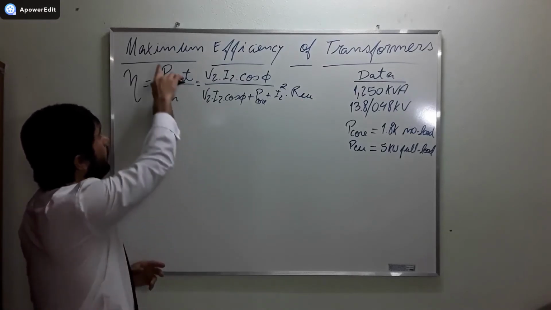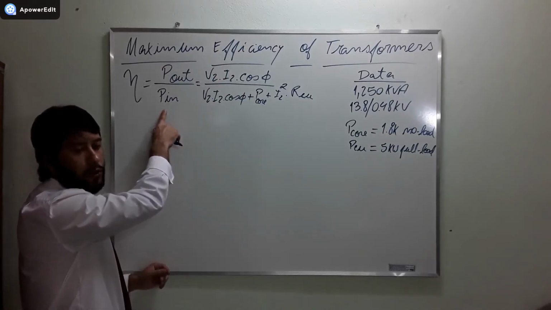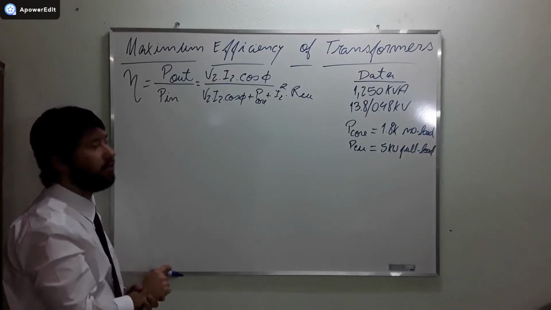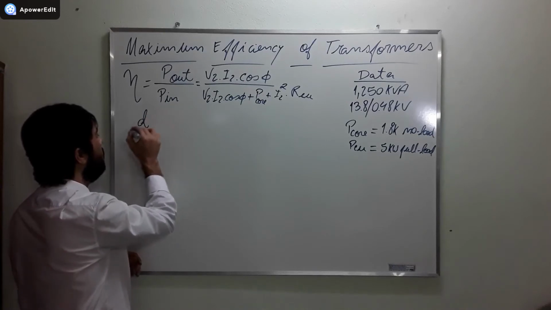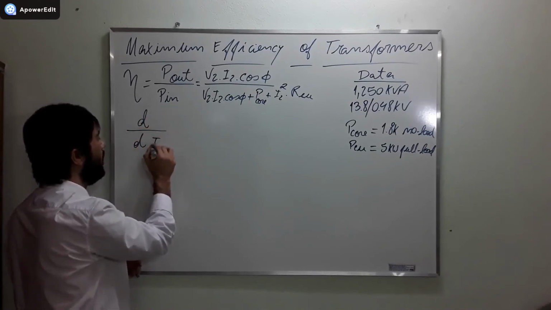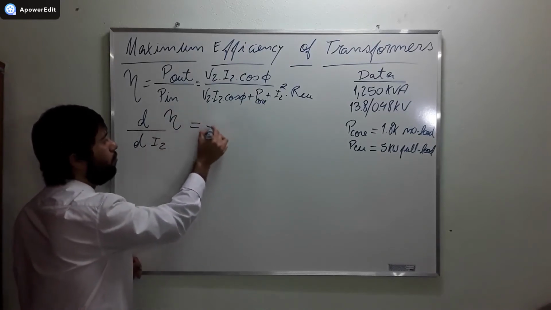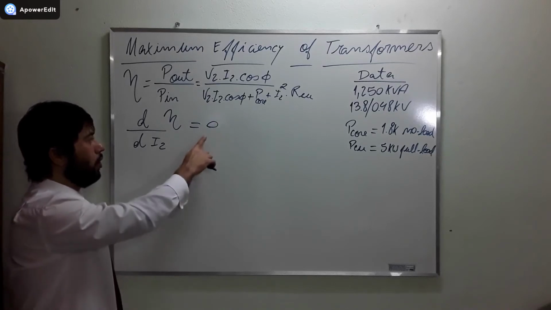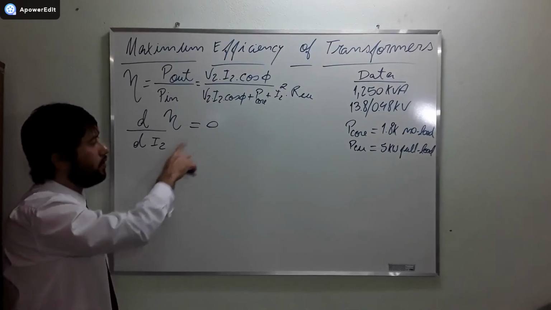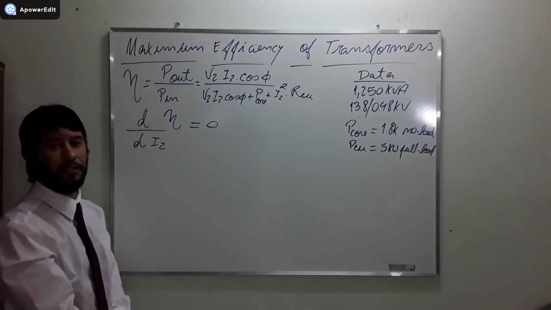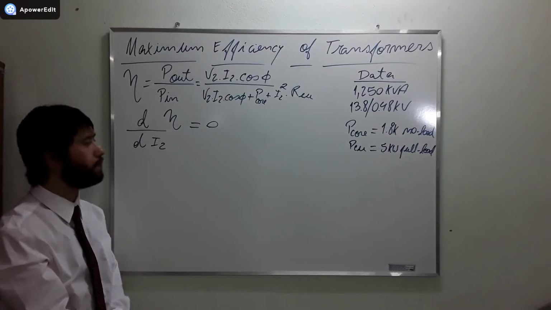Okay, the maximum efficiency, we want to maximize this. How do we do that? How do we maximize the efficiency? We take the derivative of the efficiency with respect to the output current, and it has to be equal to 0. When we make the derivative of the efficiency with respect to output current equal to 0, we maximize the efficiency. Do you guys get it?